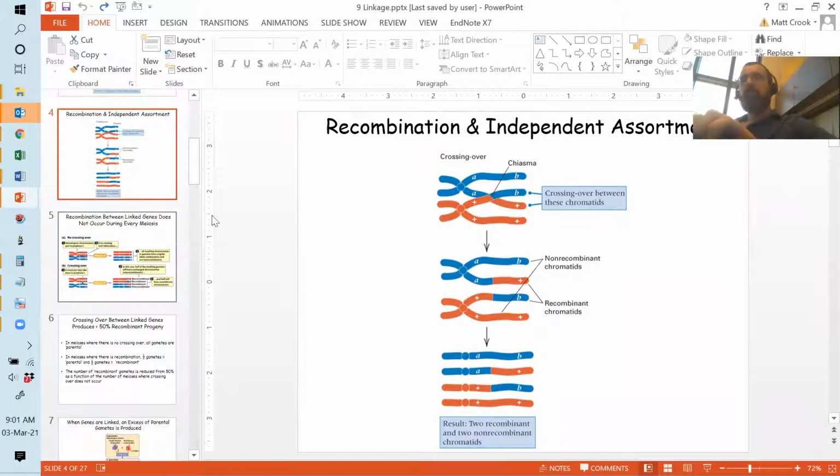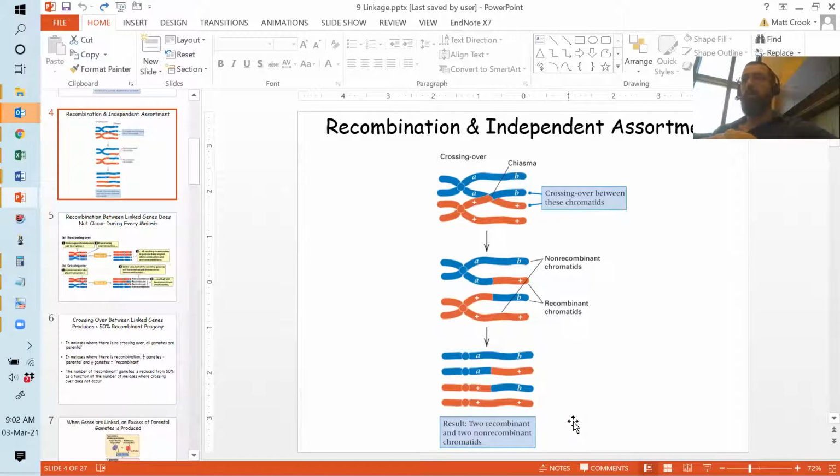So essentially what you get as a result is 4 different chromosomes. Remember, one cell entering meiosis ends up as 4 haploid cells, haploid gametes, in the case of sperm, or 4 potential gametes in the case of oocytes. And each one of those gametes will have a different chromosome in them.